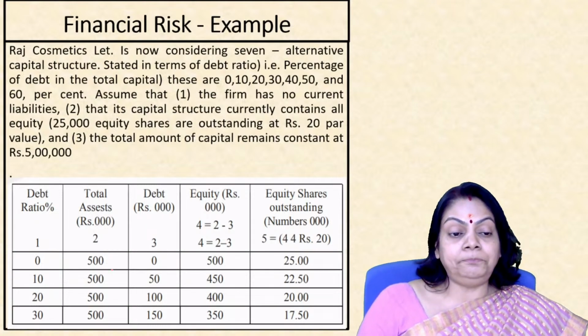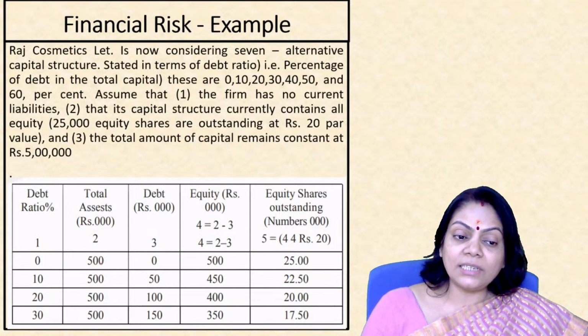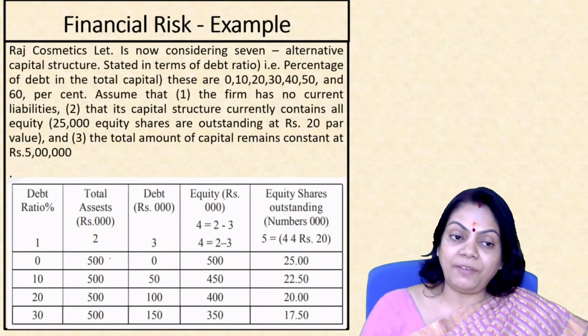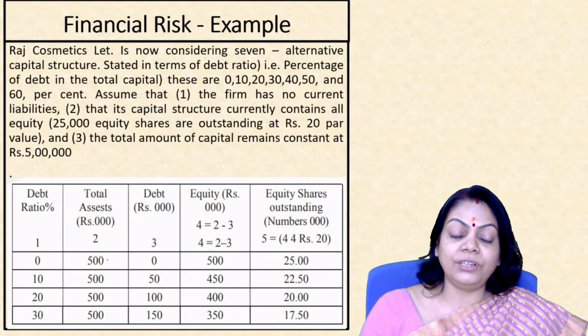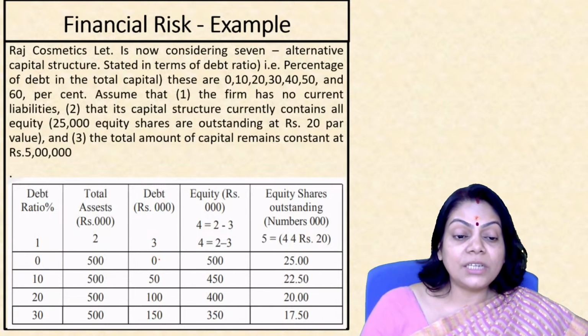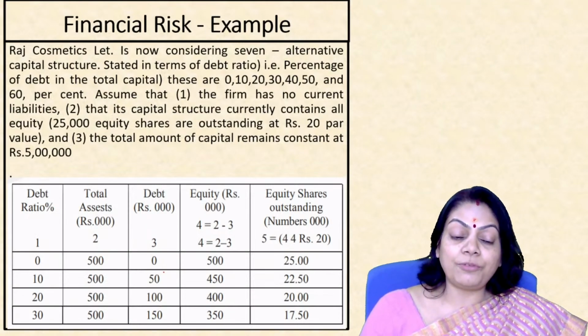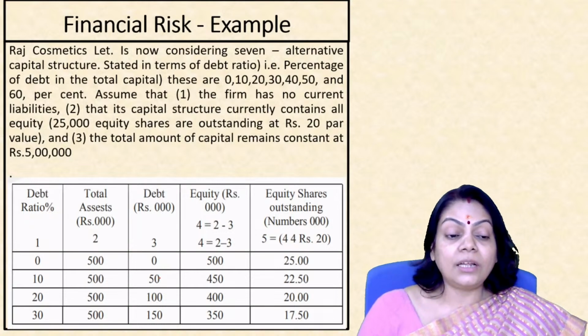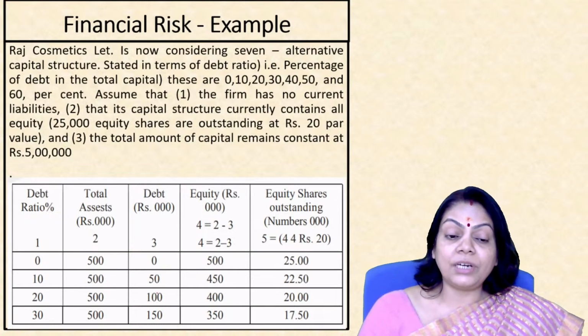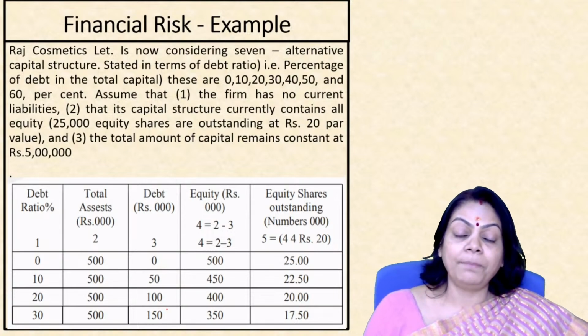Now see, the total asset, as I told you, is going to be 5 lakh only. I've written only in thousands, so 500 in each case. The first case there is no debt. The second case there is 10% debt, that is 10% of your 500, that is 50. The third case 20% of 500, that is 100. And the fourth case 30% of 500, that is 150. The total debt.